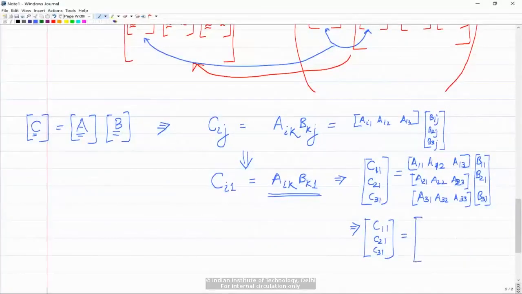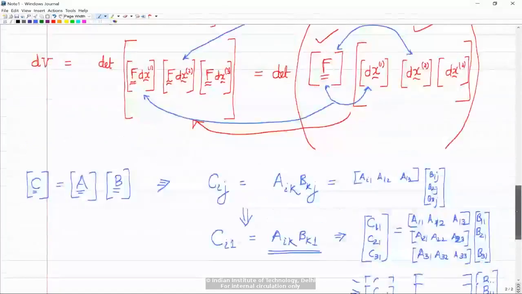This is the same as the full A matrix. You see, this is the full A matrix multiplied with the first column of B. And this is what I was telling you here.